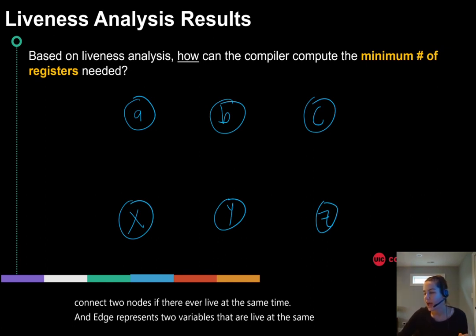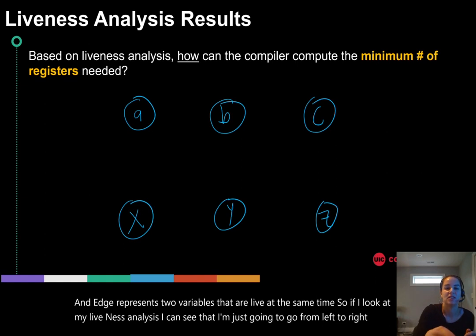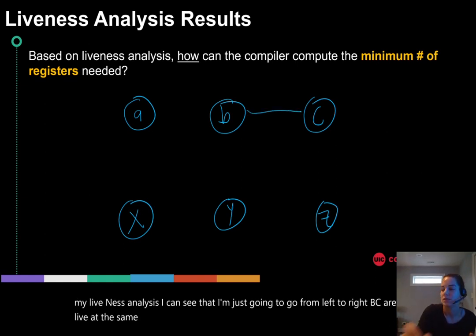So if I look at my liveness analysis, I can see that I'm just going to go from left to right. B and C are live at the same time, so those are going to be connected.